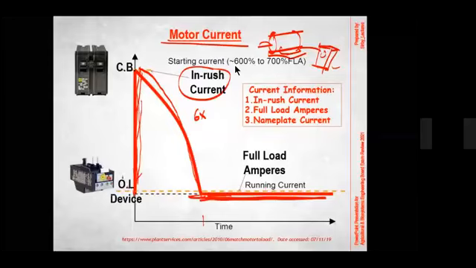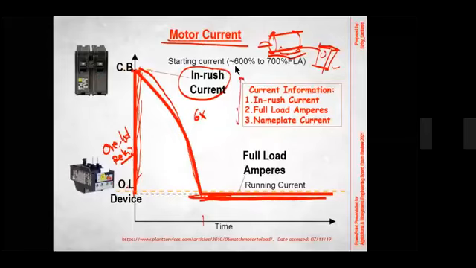Here I have included the OL device and the circuit breaker. The OL device, the overload relay, is a protection device for this running current. And right here, this is another protection device, the circuit breaker.